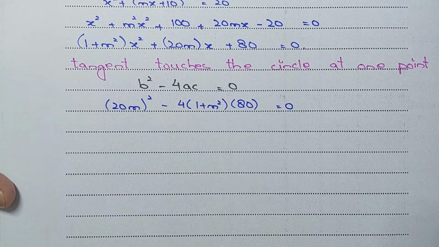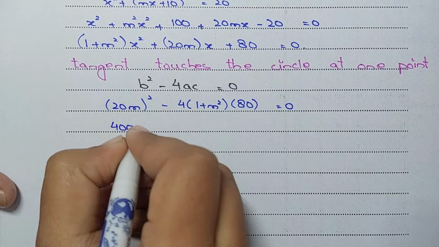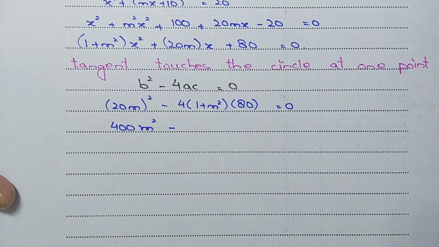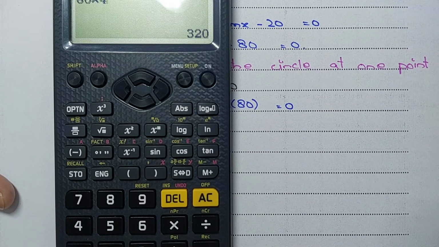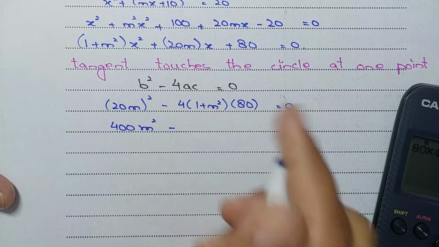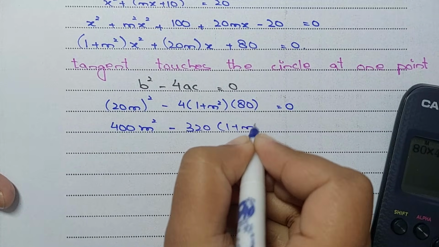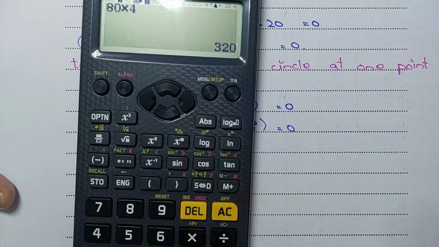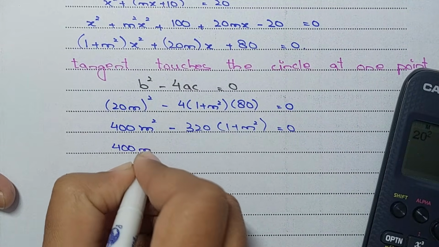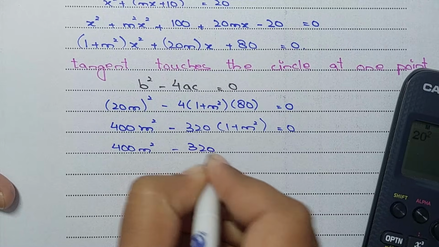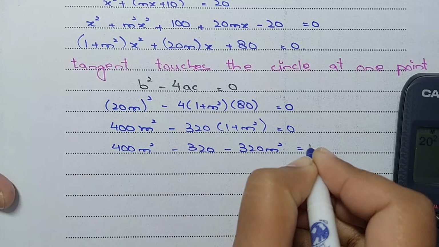20 squared is 400, so 400m², minus 4 times 80, which is 320, multiplying with (1 + m²). Let me take 20 squared, yes, it's 400. So 400m² minus 320 minus 320m² equals 0.